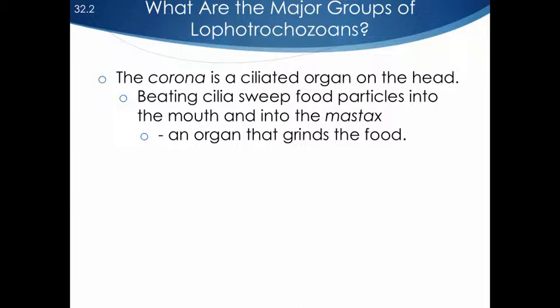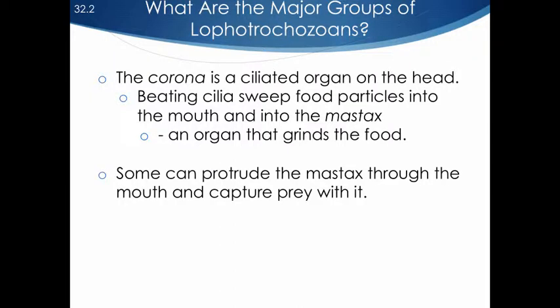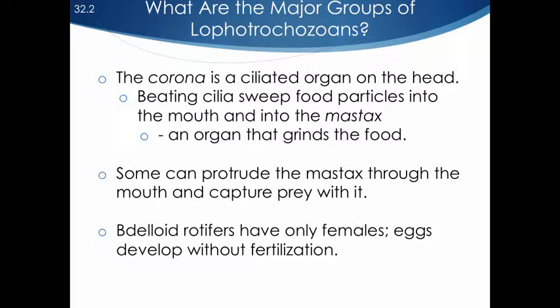So we're bringing the food into our mouth, and then our teeth are grinding the food. Some can protrude the mastax through the mouth and capture prey with it. So they don't have to use their cilia, they can also just use their mastax. Bdelloid rotifers have only females, and their eggs develop without fertilization. That's actually pretty cool. They don't have to fertilize, they just kind of develop.